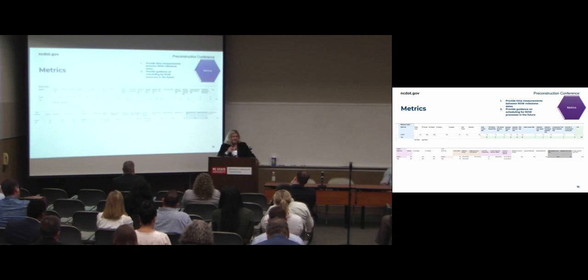But we figured out that we could actually put every person that touches that payment from the time we receive it to the time we pay it, we could put them in a metric cycle and figure out exactly where the problems were. So when we look at our dashboard, I can immediately tell you what the holdup is. I can see the bottleneck up in right-of-way, exactly where we need to kind of release that valve.